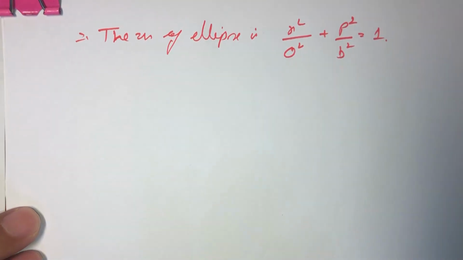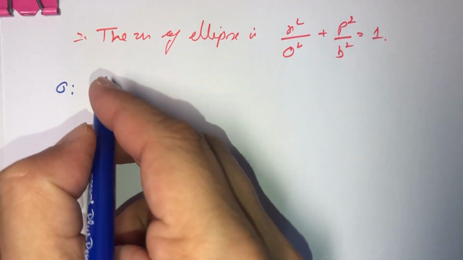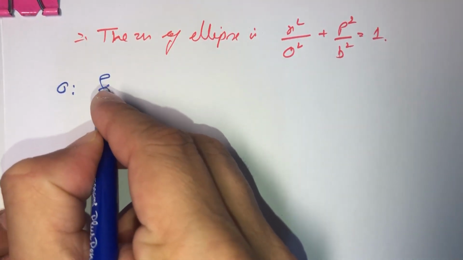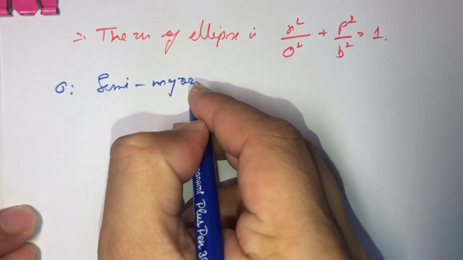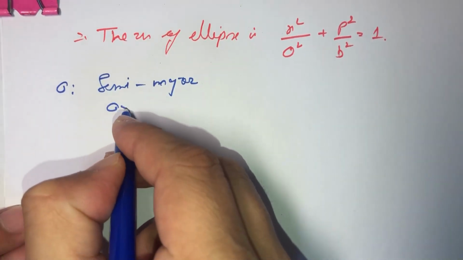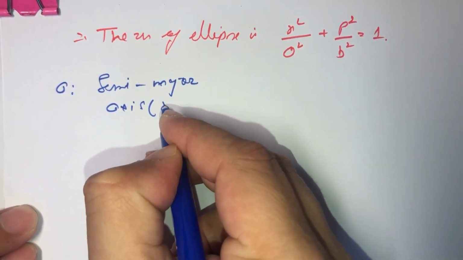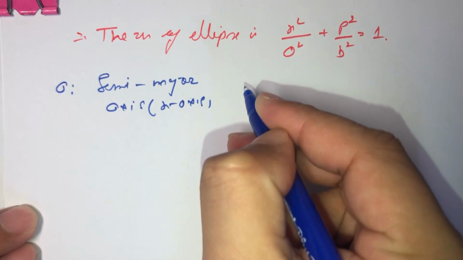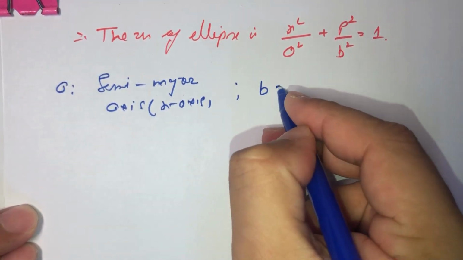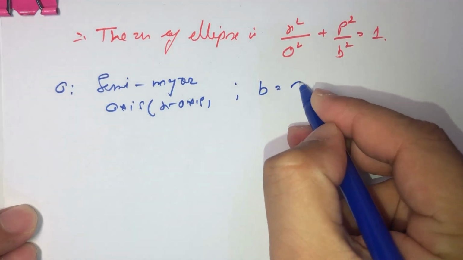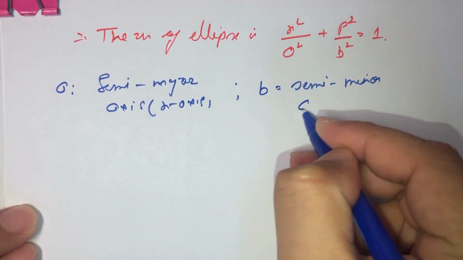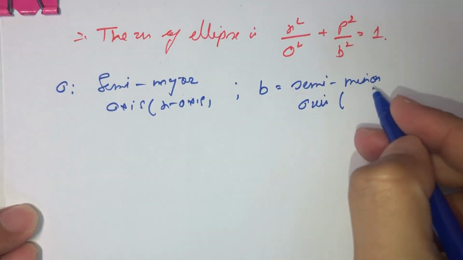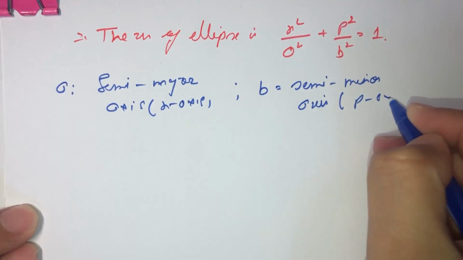where a is our semi-major axis, and this is along the x-axis, and b is our semi-minor axis, which is along the p-axis.